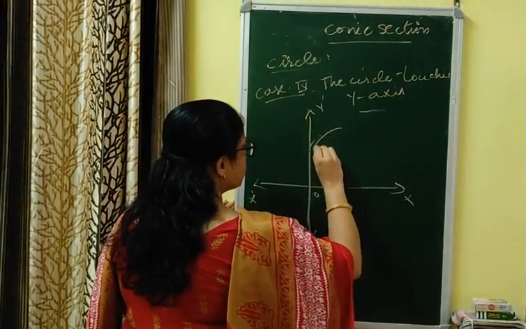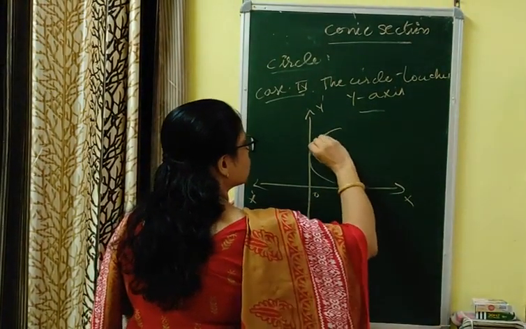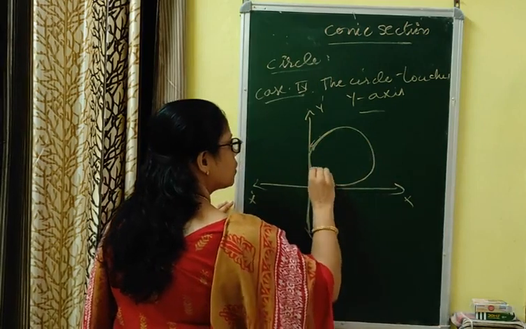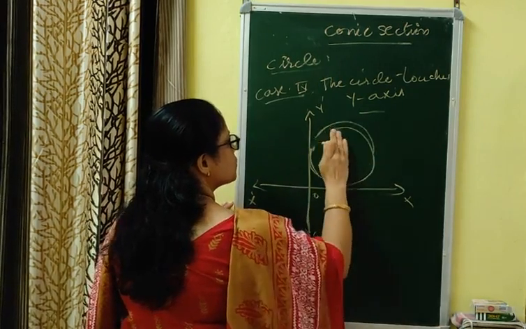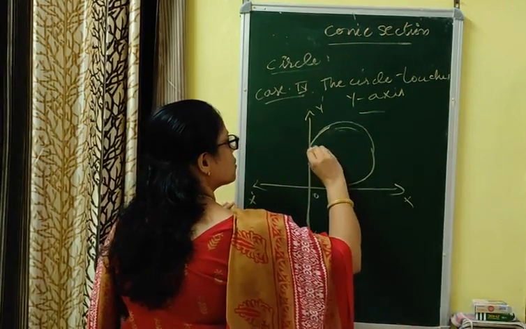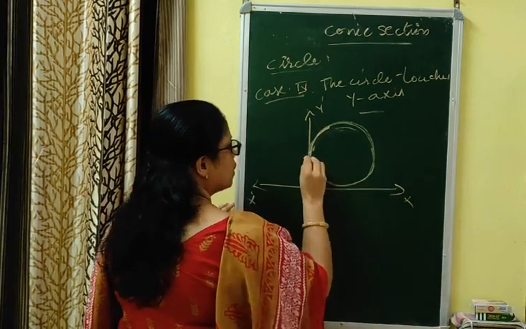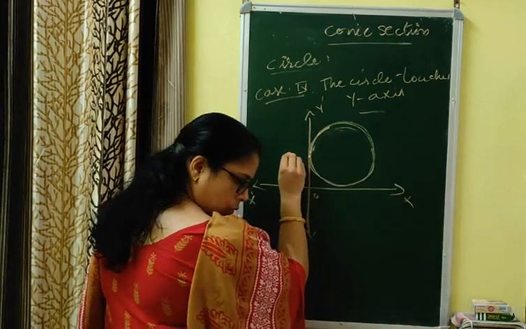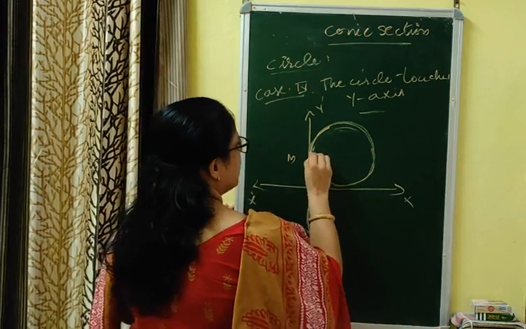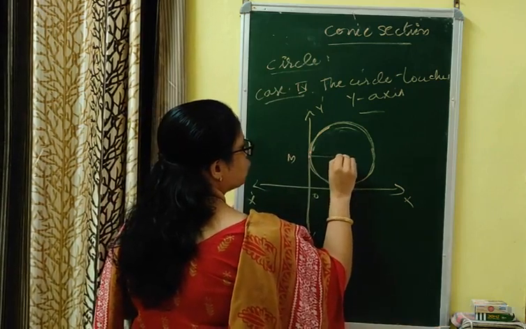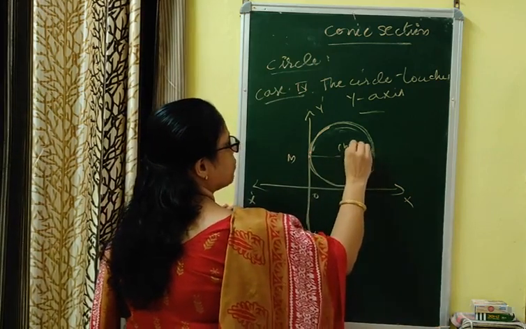Let me draw the circle like this. The circle is touching the y-axis at a point, say N. Again, the center, as usual, we can consider as (h, k).